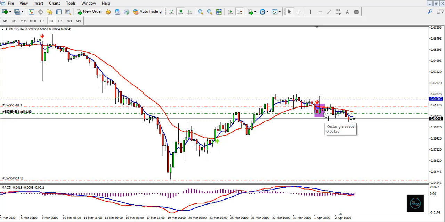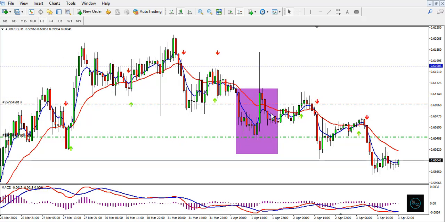So I've been watching it, and I actually thought that there was going to be a rebound to this dotted line. So I was hoping and waiting, because it's easier to get in when it rebounds this way than trying to get in the normal way with a normal market order. So I'm going to go lower to the 1-hour chart and show you how I was watching the trade.